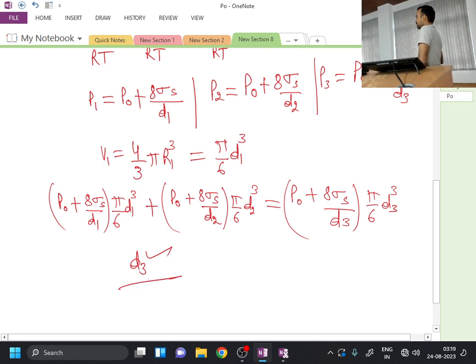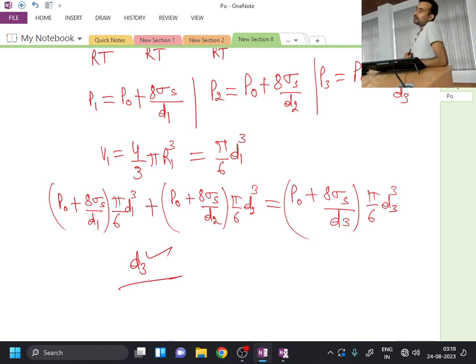If I substitute different values, I can calculate d3. Once I have the value of d3, I can calculate the pressure within the final bubble. Is this one clear?